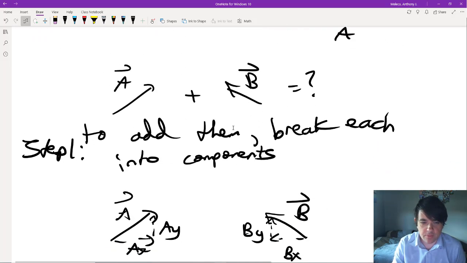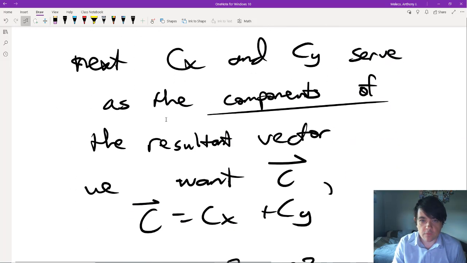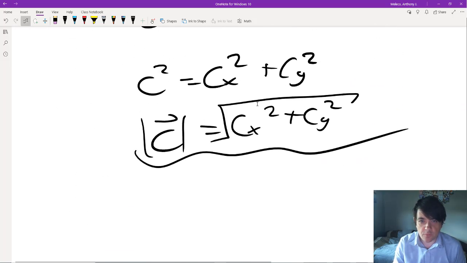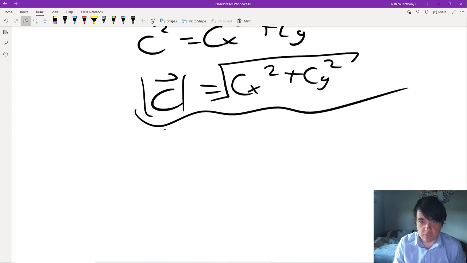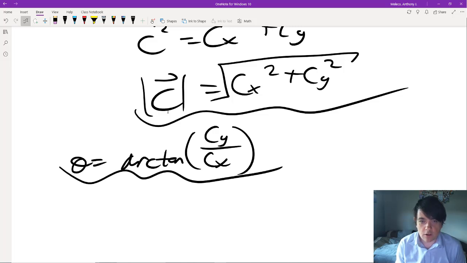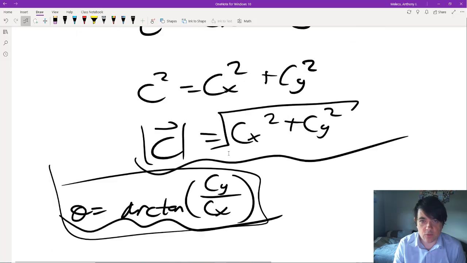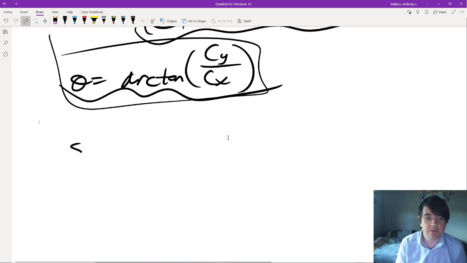So you're going to break them into components, right? Then you add the components, then you do the Pythagorean theorem, and that gets you the net vector. The last step is theta equals the arctangent of the y components over the x components. And I'll explain this as well, okay? So we need to do some explaining on the steps.